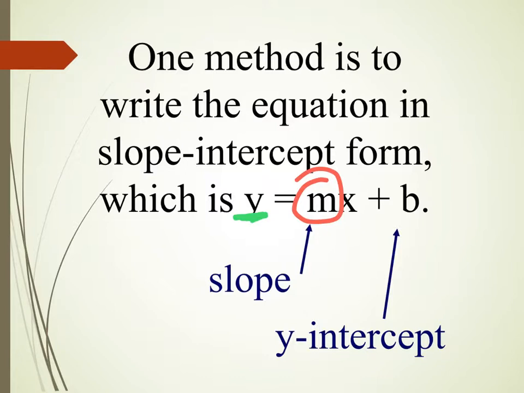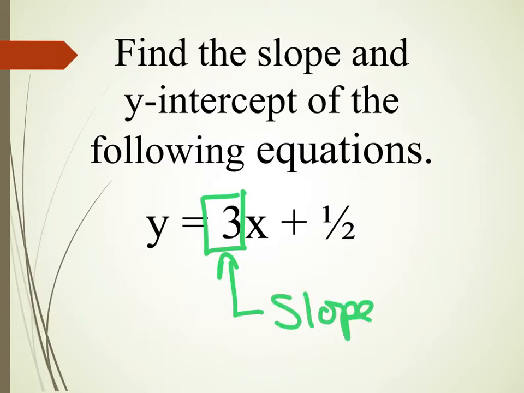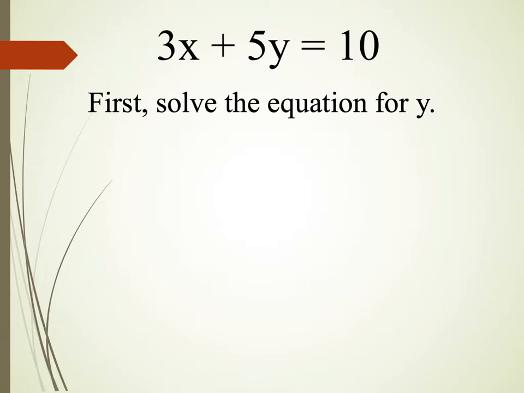So once again, slope is always the number with x. Looking at this equation, the number that is with x is 3. So therefore, my slope equals 3. And that's it.